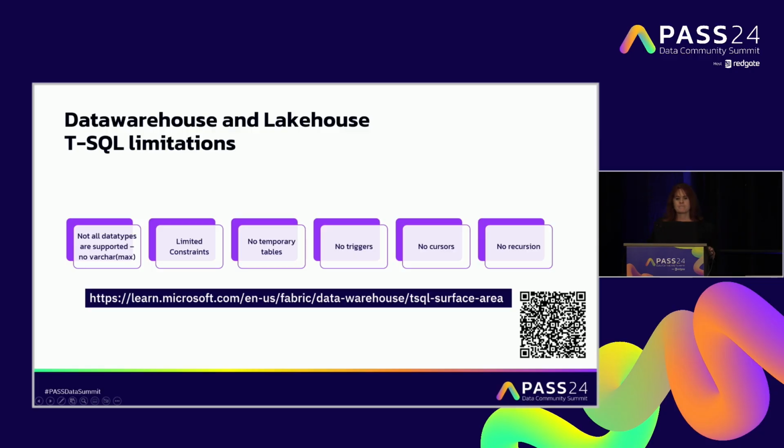Now, like I said, there are some limitations for things you cannot do yet inside of the T-SQL version that's in a Lakehouse or a warehouse. And the reason that I have this QR code here is because I looked. This was updated yesterday. And I bet between now and Ignite that is going to be updated a lot.